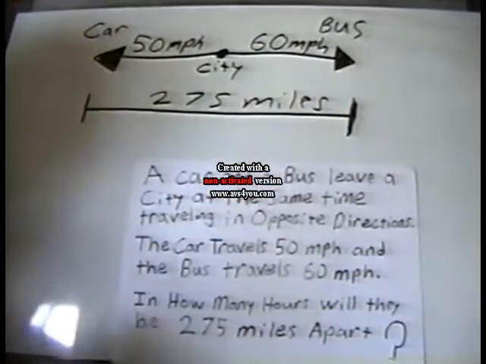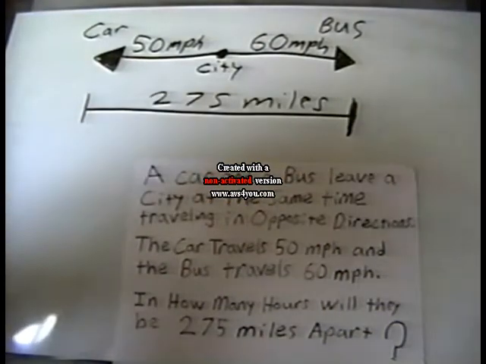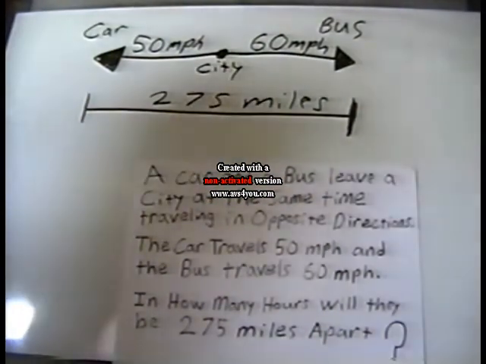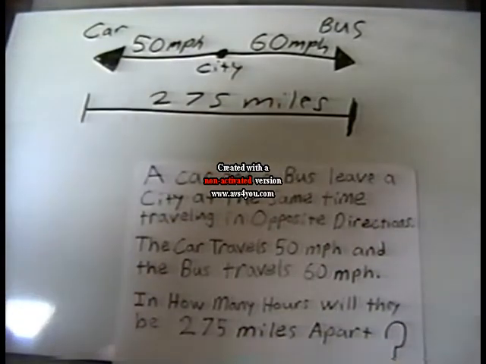So you draw another line under there, which represents the distance between both. And when we stop at, that represents a moment in time. But we don't know the time yet. So here we draw, so this is a length of 275 miles.